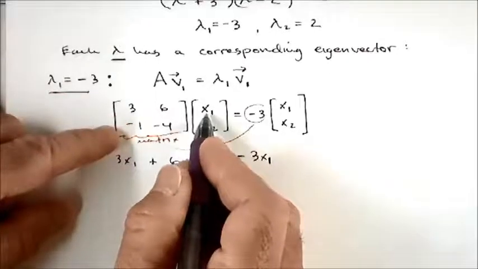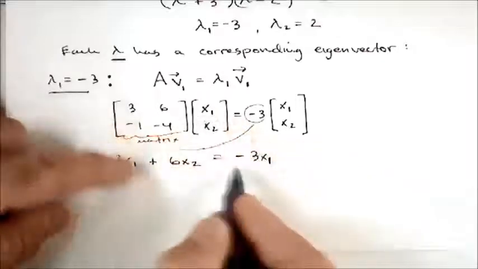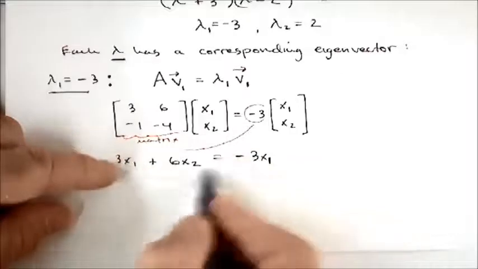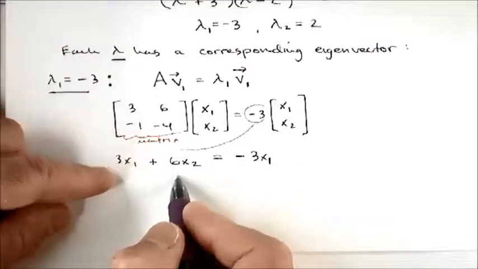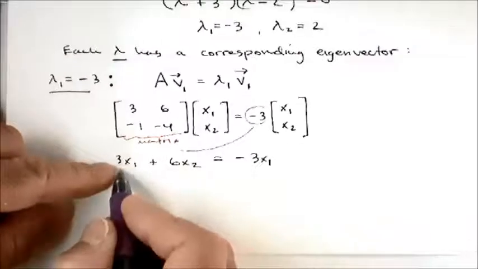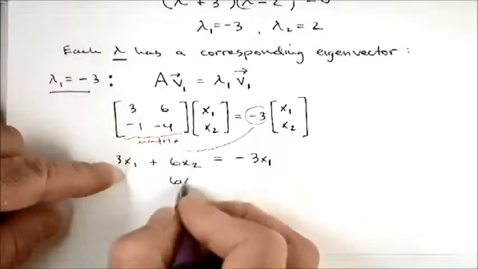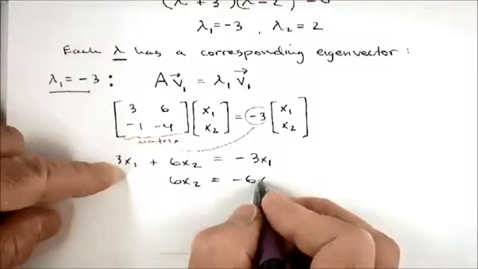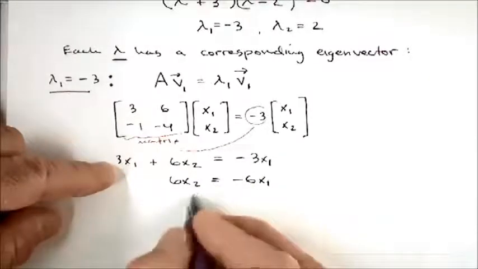What I'm looking for here is a relationship between x1 and x2, and just by writing this equation down, I already see what I can do. If I subtract 3x1 over to the other side, 6x2 is equal to -6x1. Divide by 6.